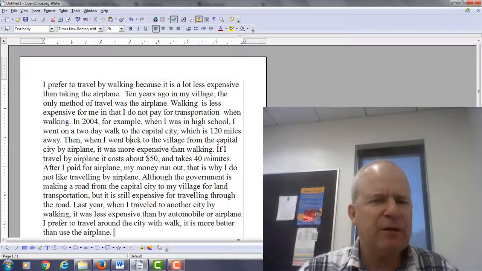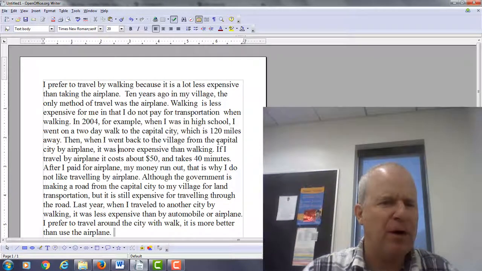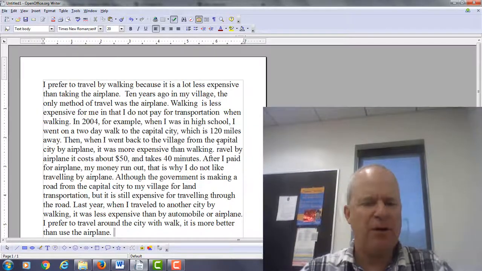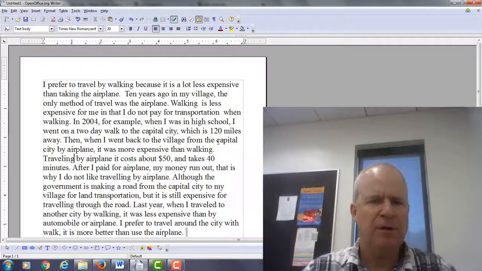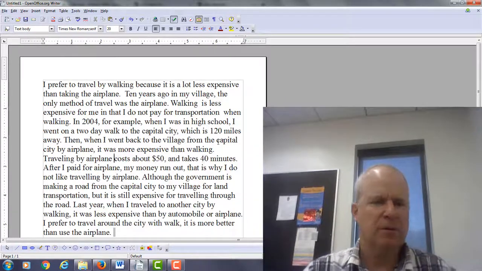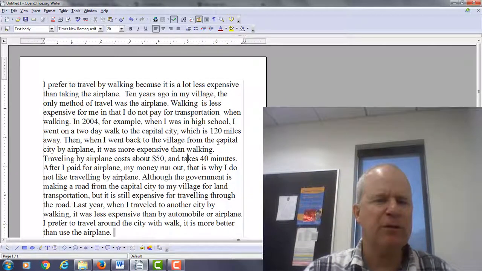Then, when I went back to the village from the capital city by airplane, it was more expensive than walking. And I'm going to change this, give you a gerund here, so you can say, traveling by airplane costs about $50 and takes 40 minutes.